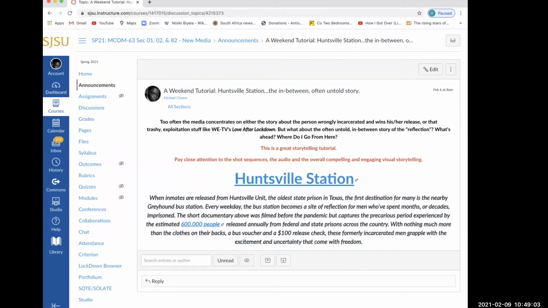Storytelling. And when I looked at this, I have an interest in this issue of mass incarceration and prison reform. We know that most of the presidential candidates of 2020 talked about prison reform as part of their platforms, and the inequities, right?